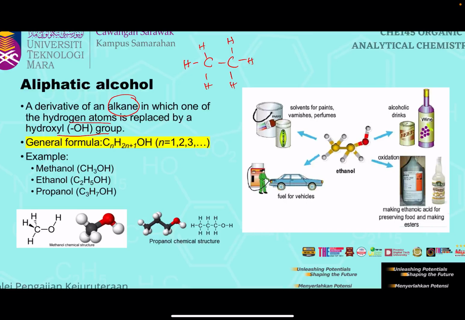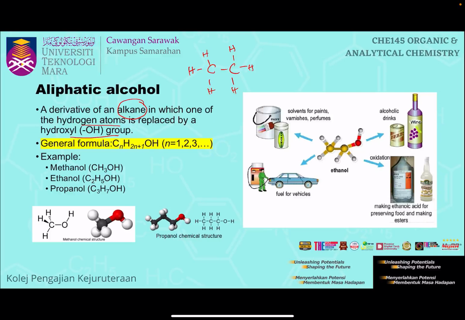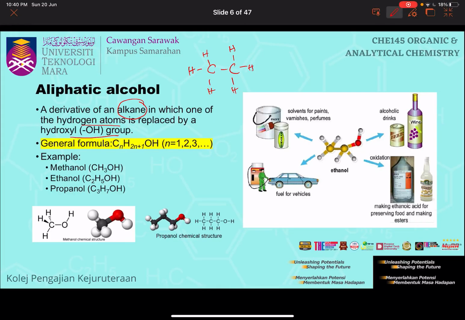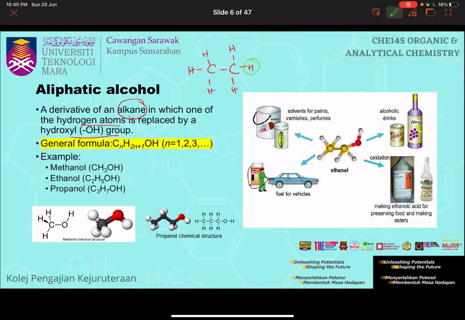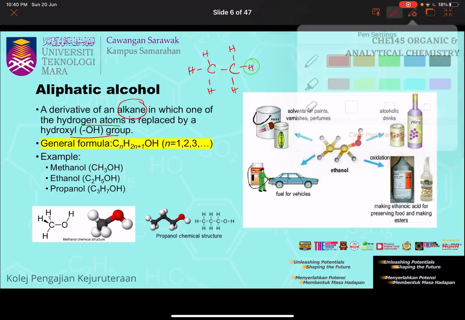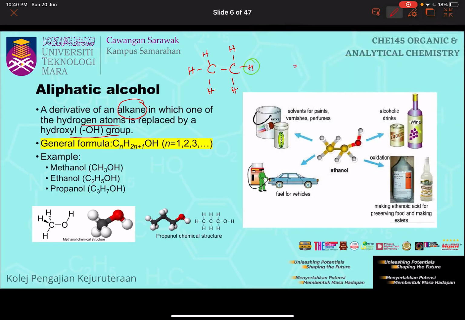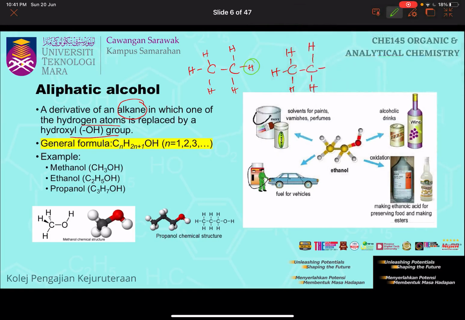But now we will replace one of the hydrogens with an OH. Pay attention to the new structure. Everything remains the same on the other parts, except for this particular hydrogen where we replace it with an OH.